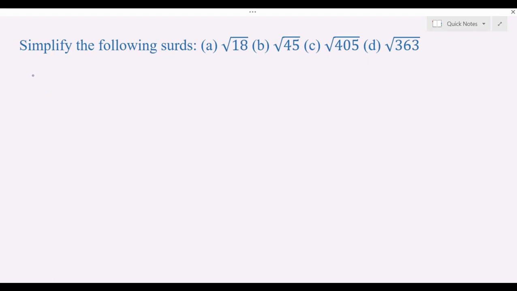For a, we are asked to simplify the square root of 18. Now we know that 18 is the same thing as 2 times 3 times 3. We know 3 times 3 is 9, which is a perfect square.